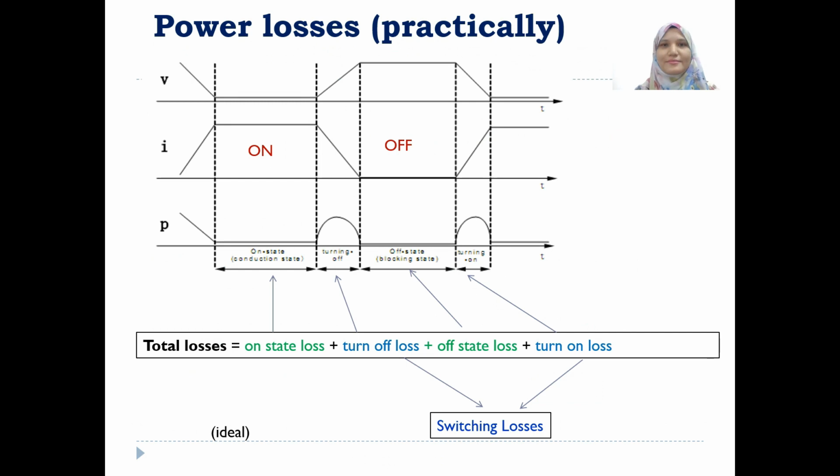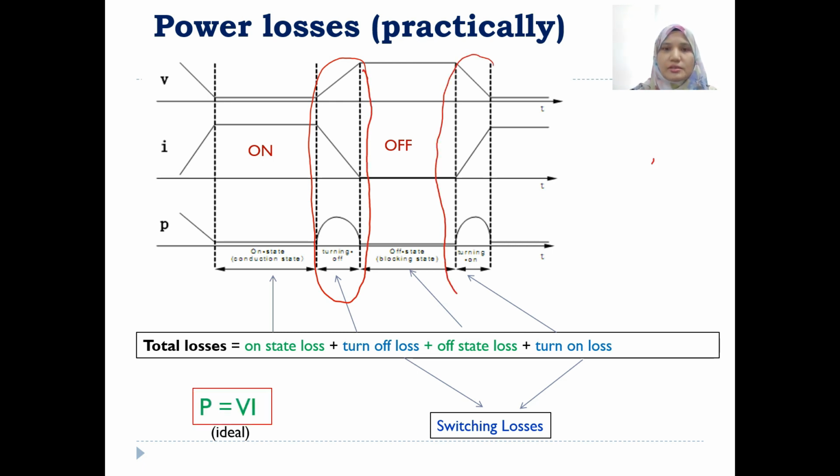But now let's talk about a switch in practice. Practically, a switch has switching losses during the transition from the on state to the off state and vice versa, as it cannot change state instantaneously. It takes a finite time to turn on and a finite time to turn off, which in turn produces power dissipation.